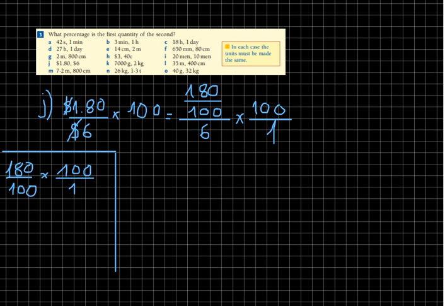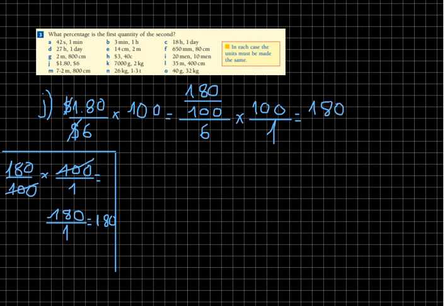And here we can cancel both 100s and we will only have 180 over 1. But every fraction with 1 as a denominator is in fact an integer number. So 180 over 1 is equal to 180. And that's it. Easy peasy. Now I'm going to write here 180.